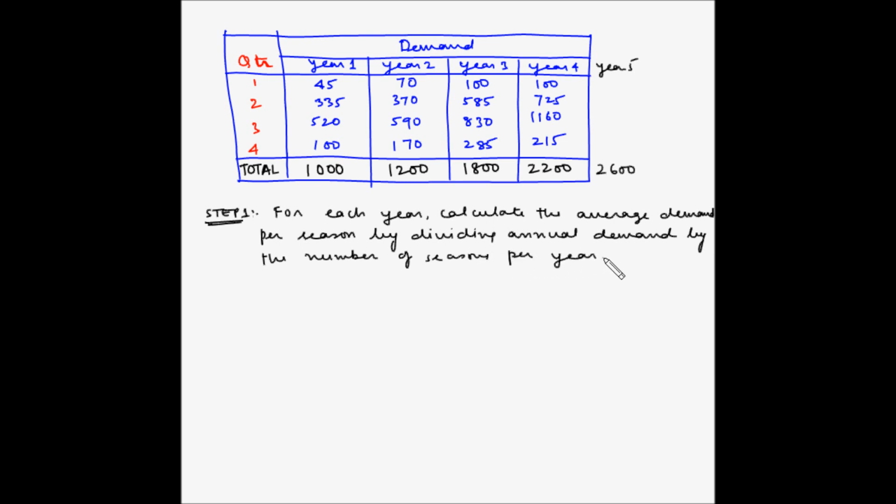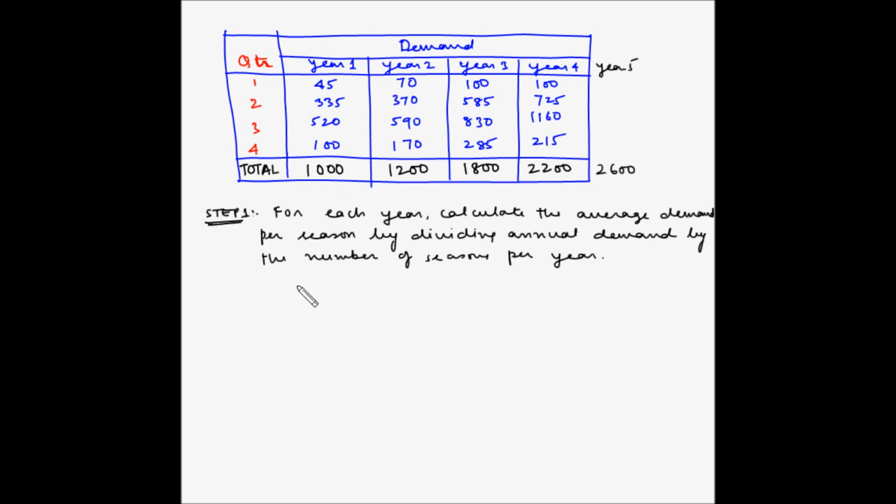So basically here we are saying that if there was no seasonality or no variation in demand within each of these quarters, then what would be the demand for each quarter?